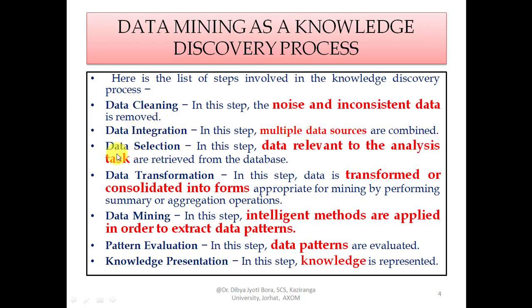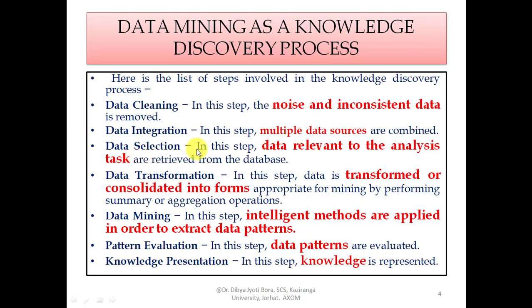Then the next step is data selection. In this step, data relevant to the analysis tasks are retrieved from the database. From multiple data sources, we have combined those different data, but not all of it is relevant for us.